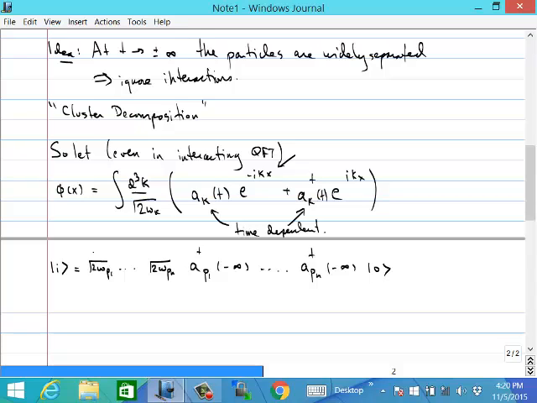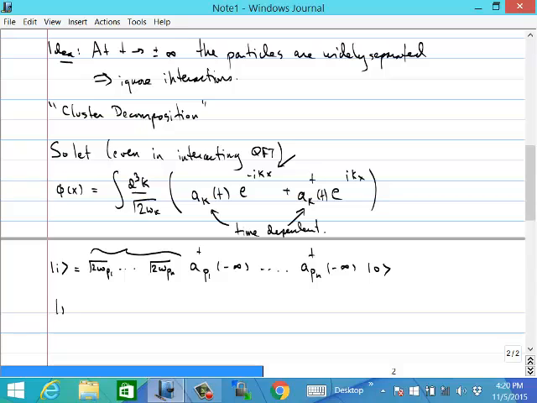And I've included here some convention-dependent normalization factors that we introduced when we defined an n-particle state. I'm using the exact same definition of an n-particle state that I would in a free field theory, but I'm using the operators A_p dagger, defined at time equals minus infinity, as a way of defining my initial state.